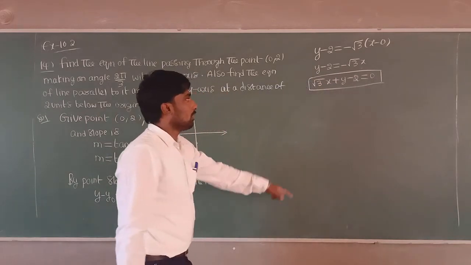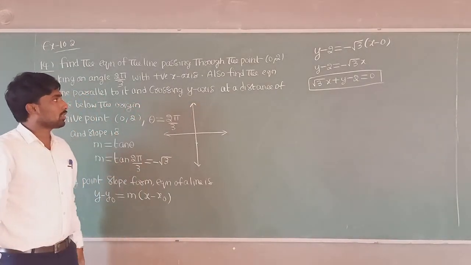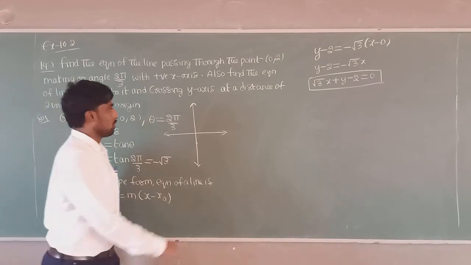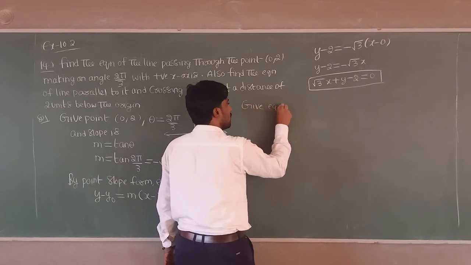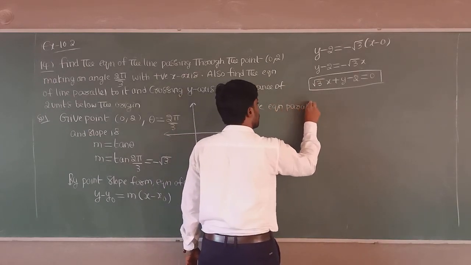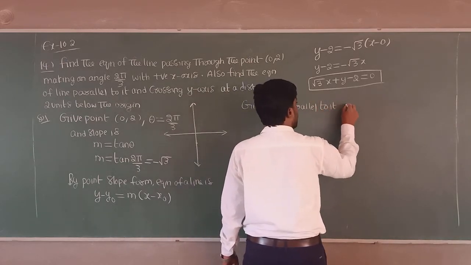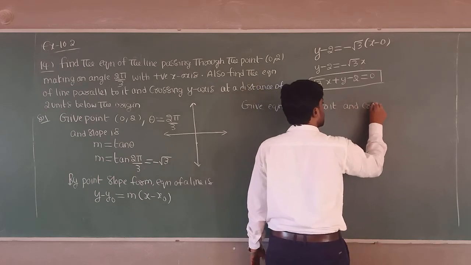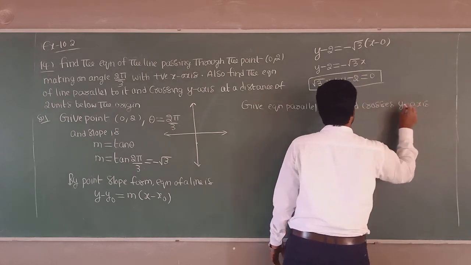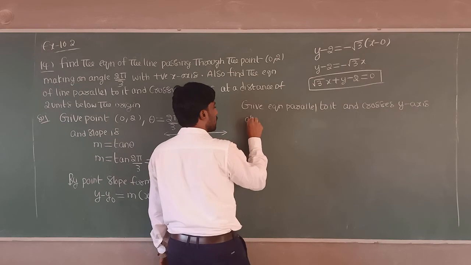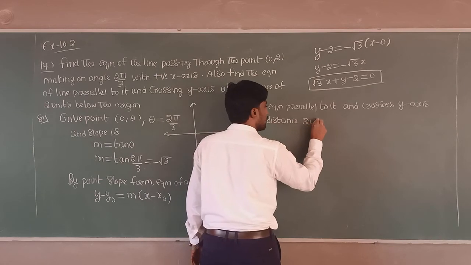Next they are asking: the given line is parallel to the required line, which crosses the y-axis at a distance of 2 units below the horizon. Now write down: given equation, parallel to it, and crosses the y-axis at a distance of 2 units below the horizon.